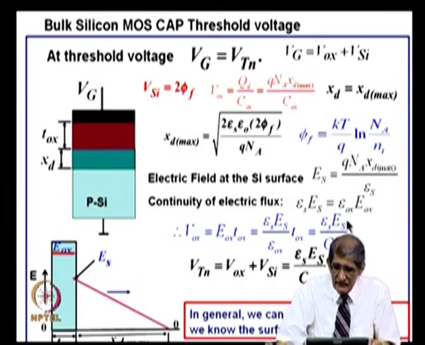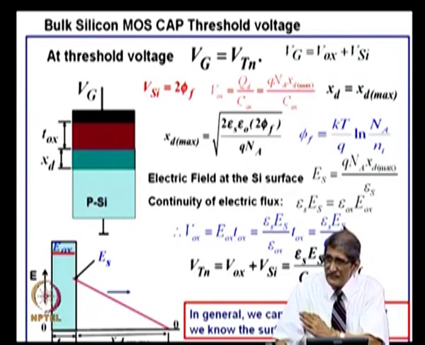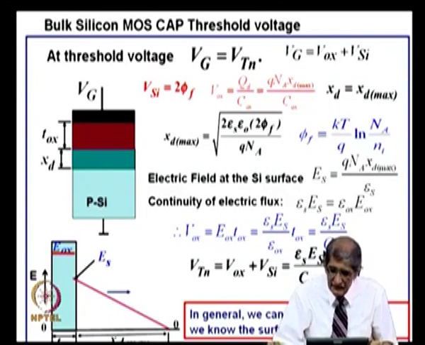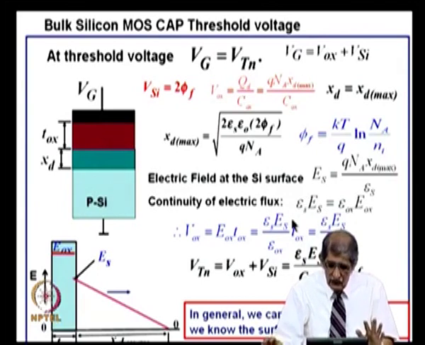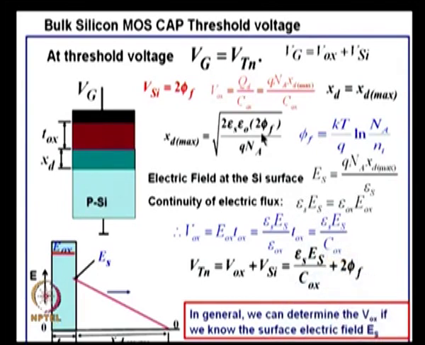That is because epsilon s into E of s is actually the charge beyond that point, whatever the number of layers, divided by C oxide, which will give the V oxide. Okay. I think when you go through this once more, you will actually see. So, by doing this, I have shown that what you write here is the same as this.